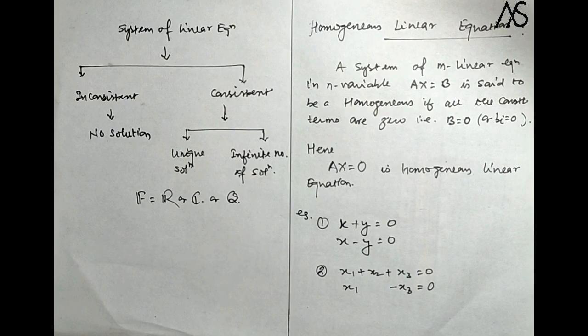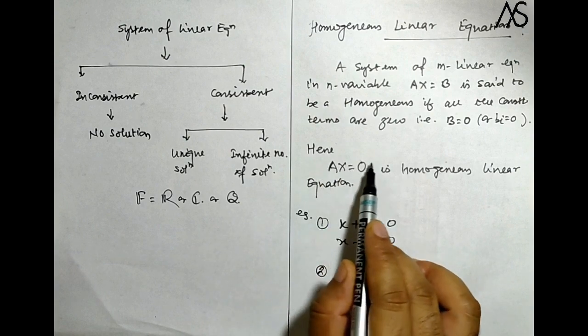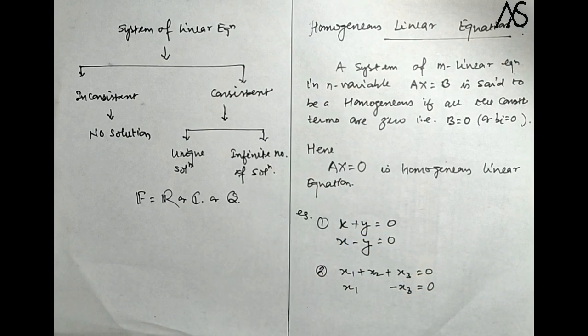So we will always remember, if the system is like this, it is always a homogeneous system. Now we are trying to solve examples 1 and 2 of the homogeneous linear equations.